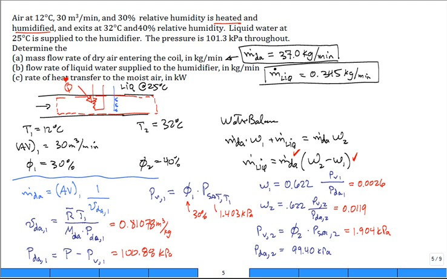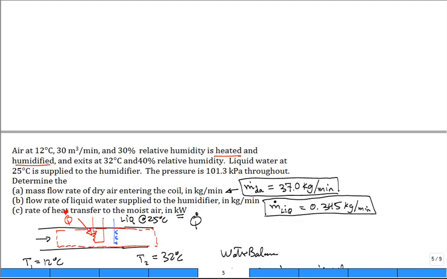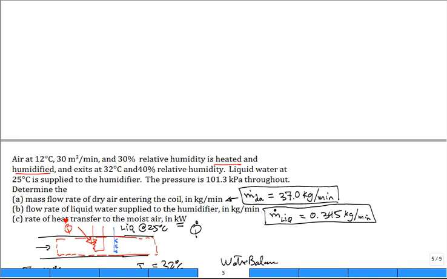What's the rate of heat transfer from the heating coil into our air? That's what we're looking to calculate, Q dot, in units of kilojoules. How am I going to do that? I'm going to do an energy balance for the same control volume.